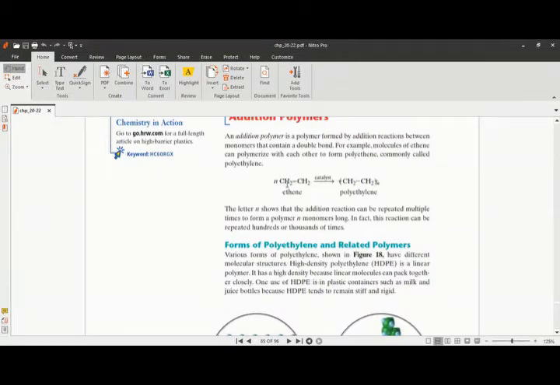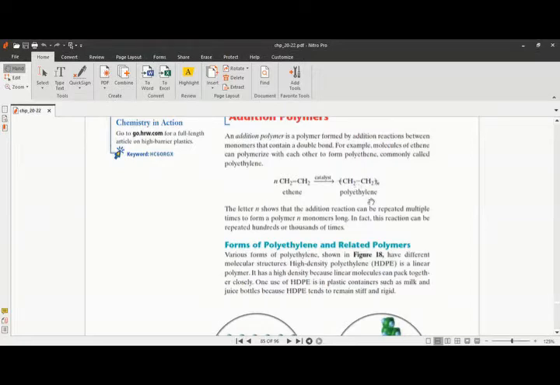If you make an addition polymer from this, which is ethene, you remove the double bond and it becomes CH2-CH2, okay, and it is repeated again. So what did you do here? You remove the double bond and it becomes a single bond instead of the double bond in the original molecule. Why did we do this?